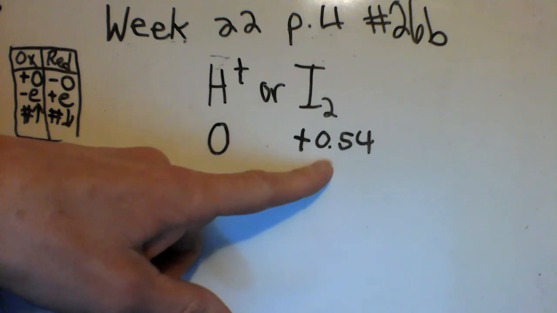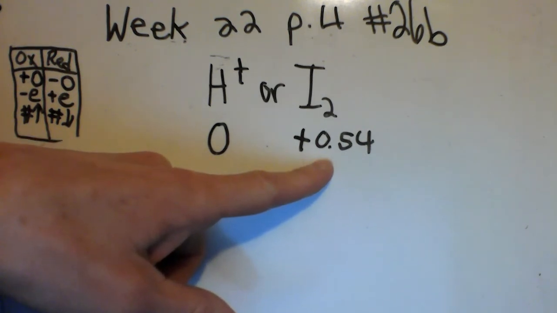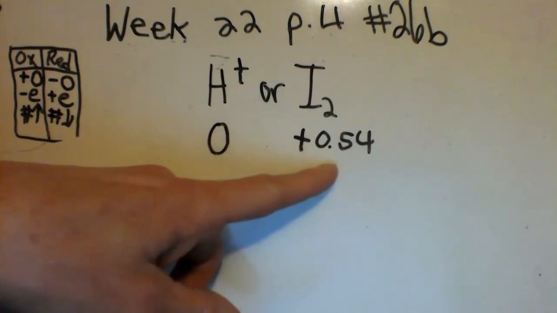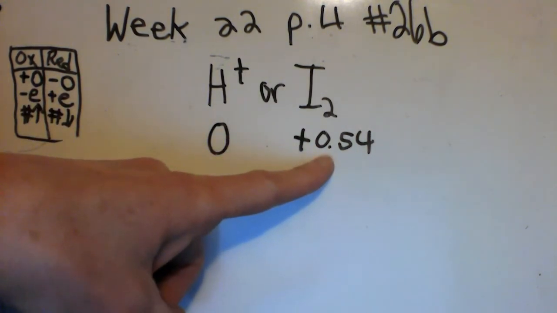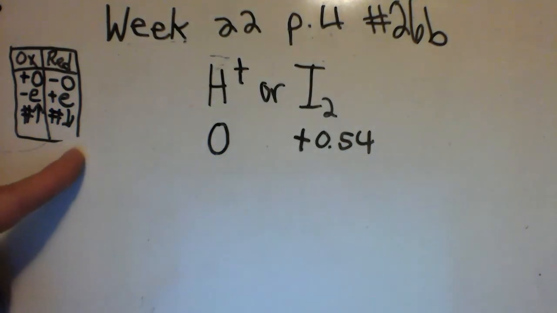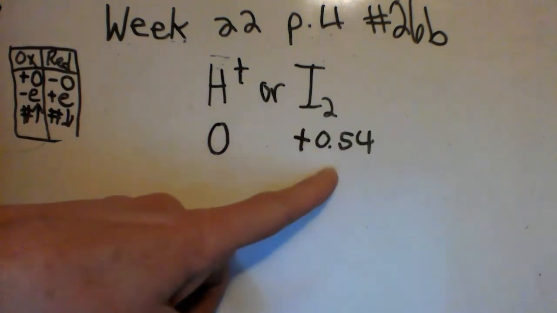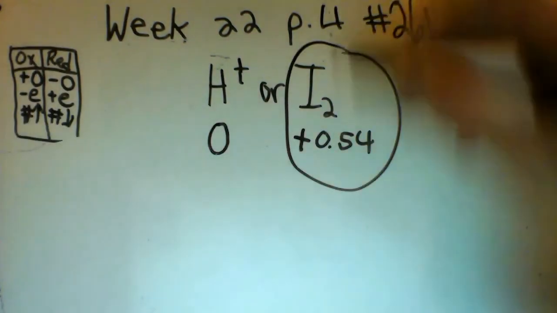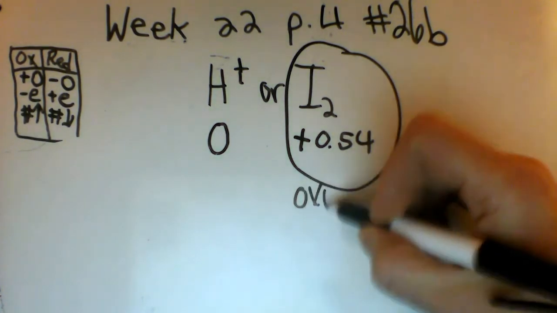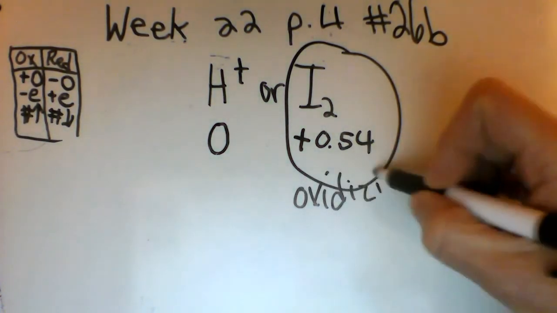The standard reduction potential of iodine is 0.54, so it's actually greater than hydrogen, so it has a greater possibility of being reduced. And since whatever is reduced causes oxidation in something else, it is an oxidizing agent. So iodine is more likely to be the oxidizing agent.